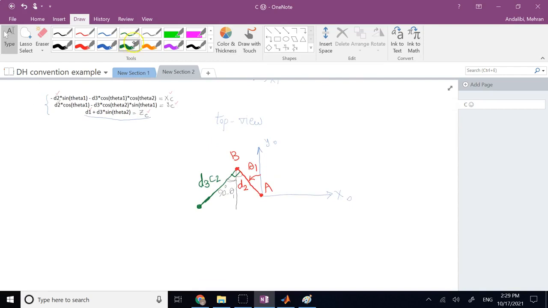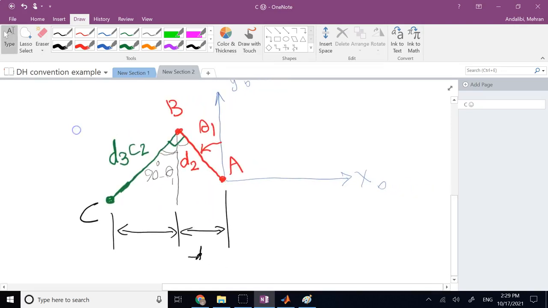Okay, so now if I say, what is x and y of this point C in the base? So what you need is, you need to find these two distances for x of it and add them together. So clearly your x is going to be this one, which is d2 times sine of theta 1, negative. So negative d2, let's zoom in here, it is negative d2 times sine of theta 1.